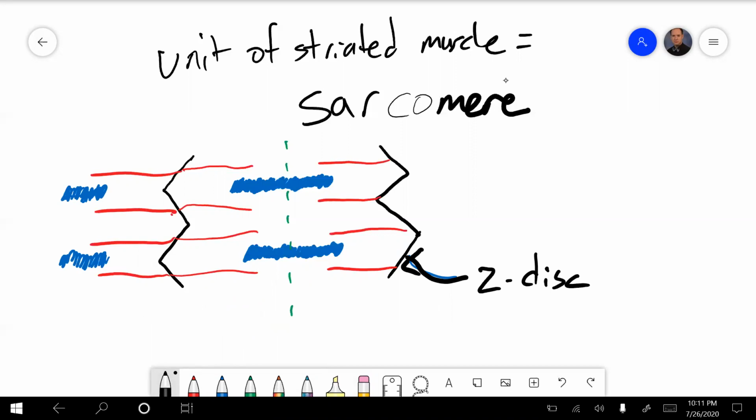It's like a zigzag, right? On this thing, this is the M line, anchor there in the middle. Now we've got this gap that's right here. That gap is called the H zone.